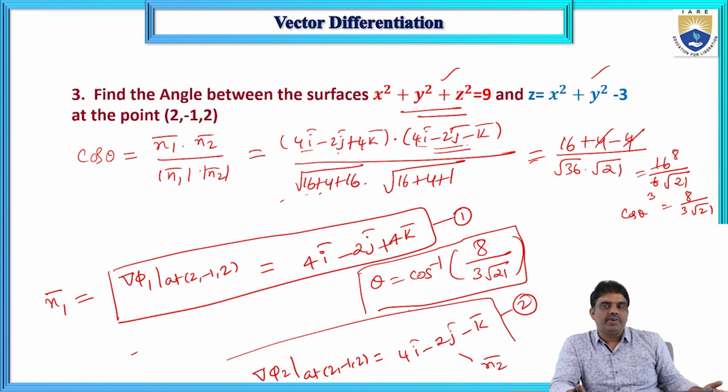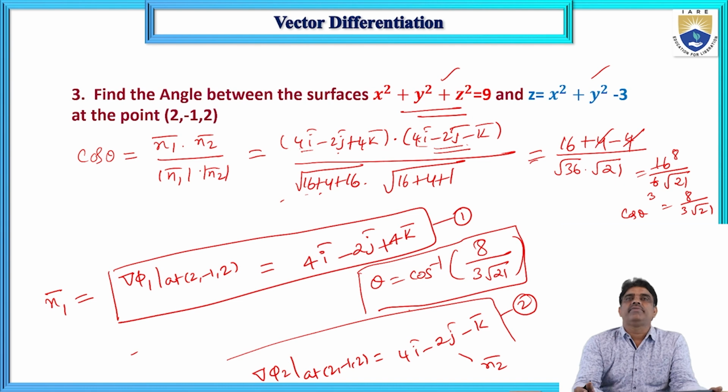So in this way, you can find the angle between the two surfaces. The angle between the surfaces is nothing but the angle between the two normals. So first find the normal vector to the first surface, n1 bar. Similarly, find the normal vector to the second surface, n2 bar. Then use the cos theta formula to find the angle between n1 bar and n2 bar. Clearly both are constant vectors.